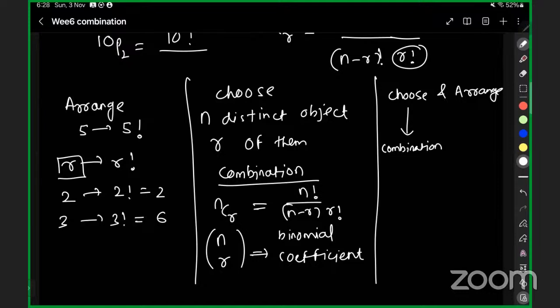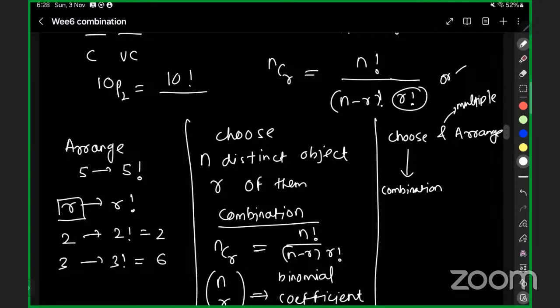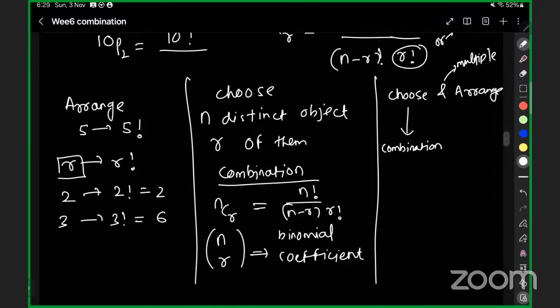And we studied the addition rule and multiplication rule: when we have 'and' we multiply, and when we have 'or' we add. In this case we want both of them, choose and arrange, so I'll do multiplication. I know arrangement, so I'll use some factorial. So that's how you do choose and arrange.